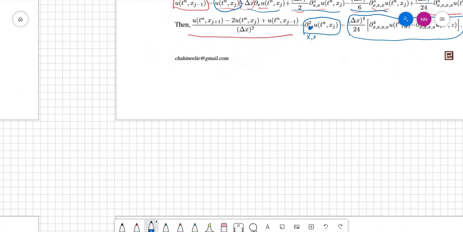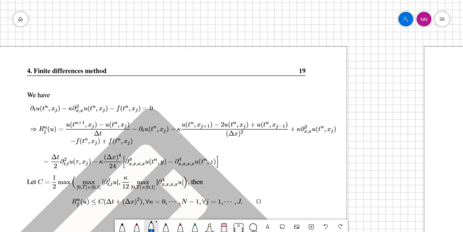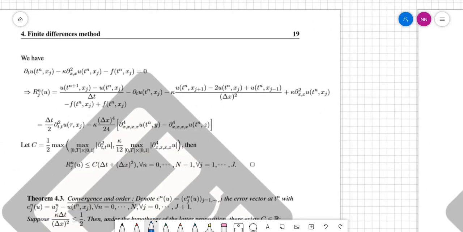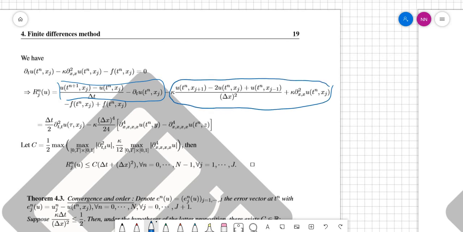Now we will try to write the whole consistency error. The consistency error is this first difference and this second difference, and we combine both to obtain this. Finally we are left with delta t and delta x.